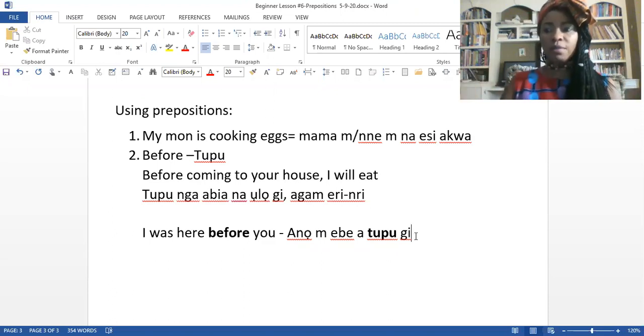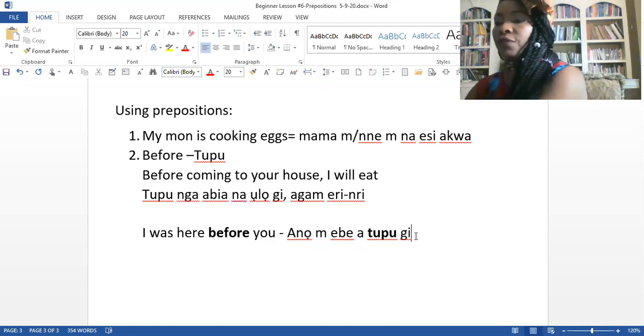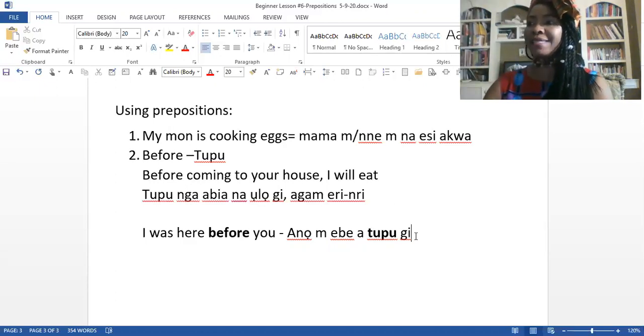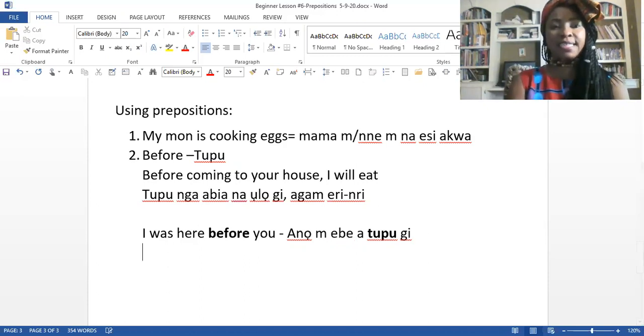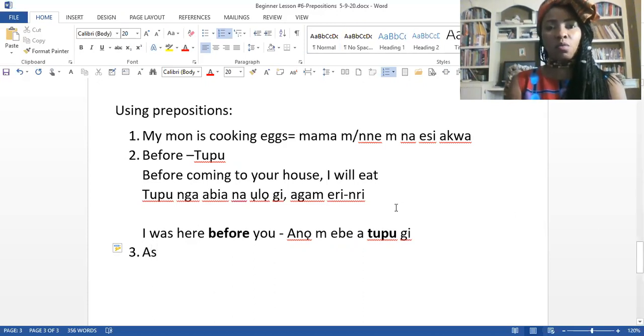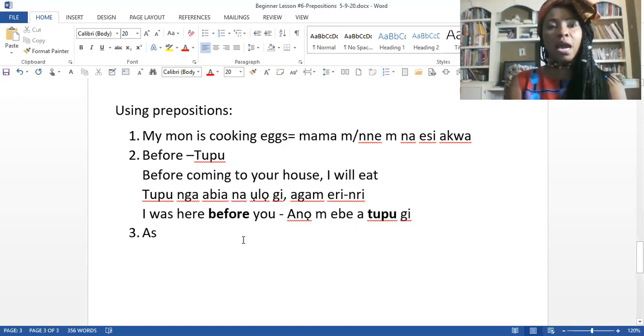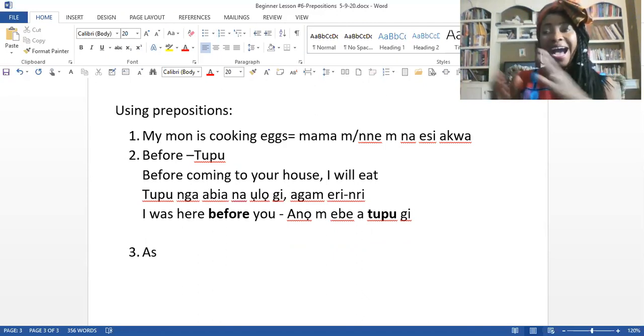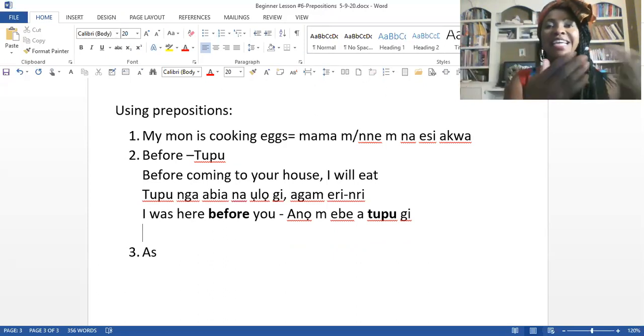We use another word. Let me get another word for you. Let's say dika, the word as, AS. That's the word we are using. When you use this word, as is like when you say, as I was saying, as it is.